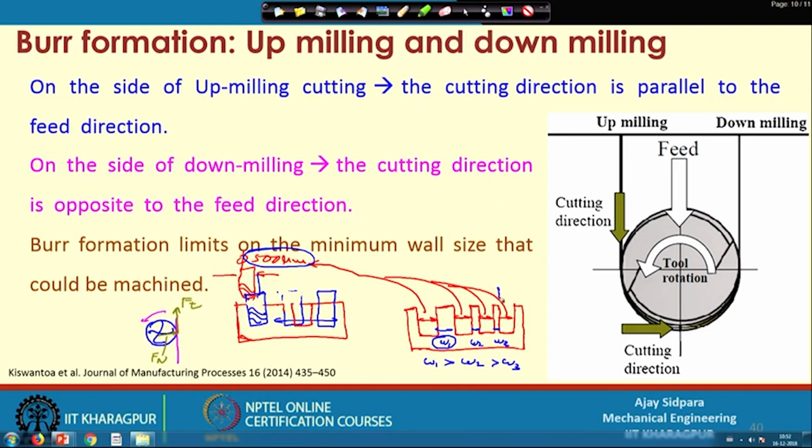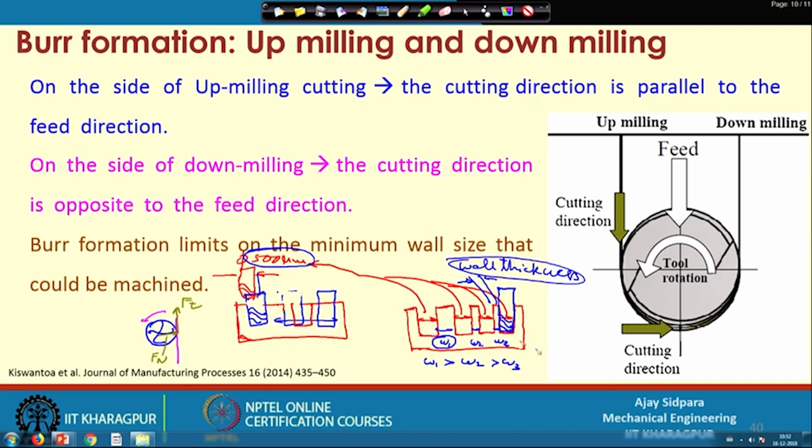This is your cutting tool, and you are cutting this last channel, so that you will get the width of this wall. This is the wall thickness. When you are cutting the last channel or the channel just beside, you will get a very thin wall.